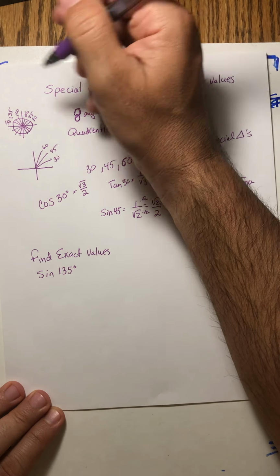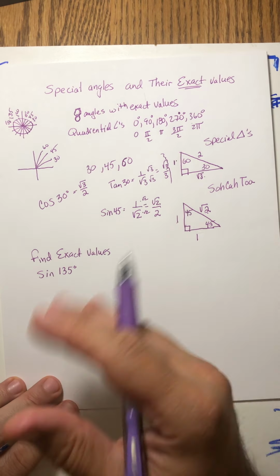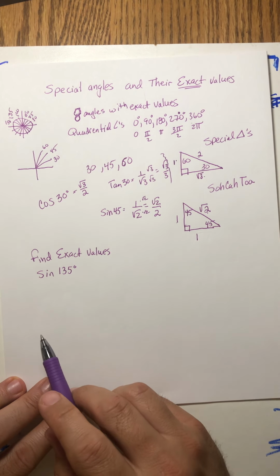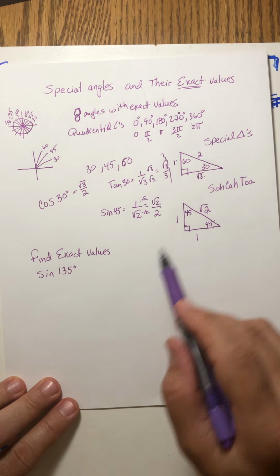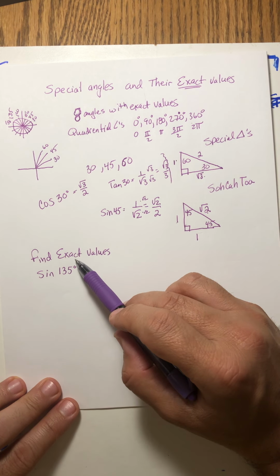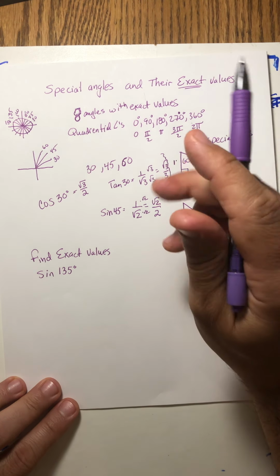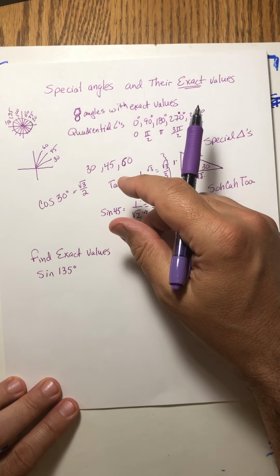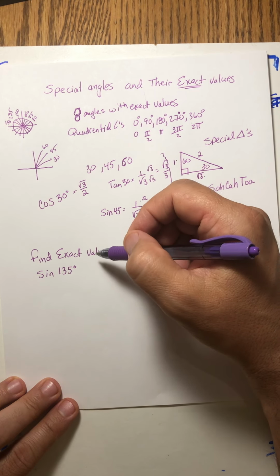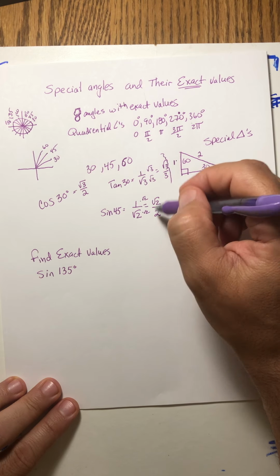Some of you learned that last year. I like the triangle method. Less to memorize. If I know my triangles, I can figure out the reference angle, and as long as I know what quadrant I'm in, I'll know if the answer is positive or negative. If you're not sure, type it into the calculator. I want exact answers though, not decimal answers.